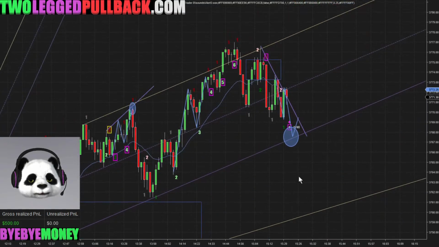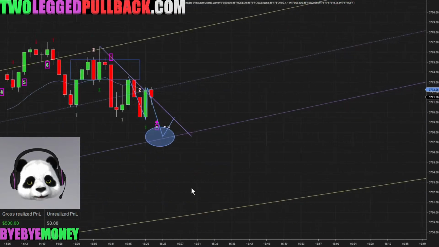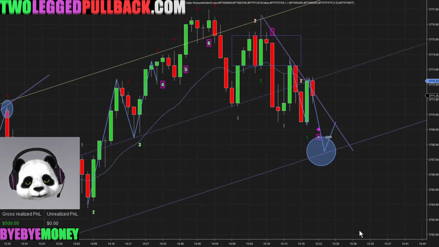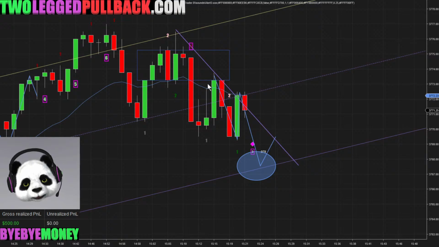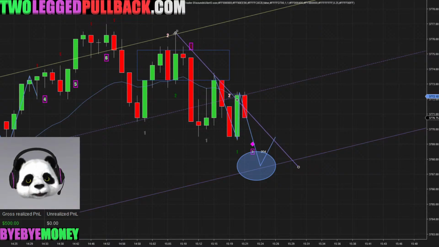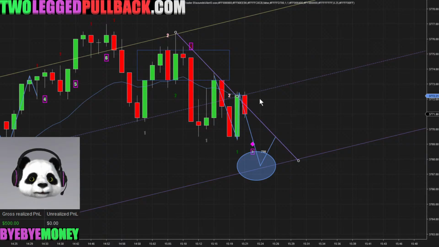Now, still waiting to get there. You have people who went long here, terrible signal bar, 20 EMA in the way, plus this trend line. Simple trend line just from this pivot to this pivot. It's creating a resistance here, obviously. So now you have a micro double top.